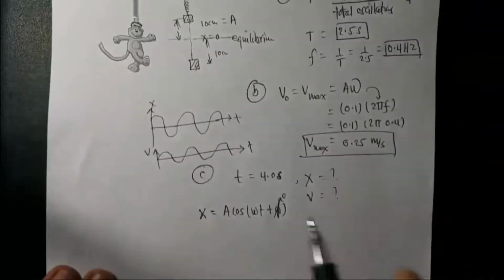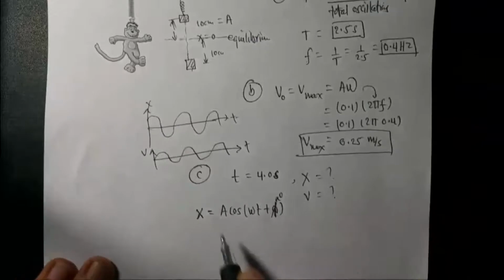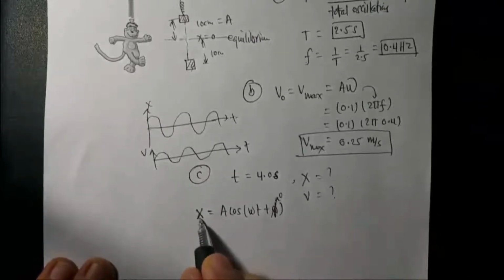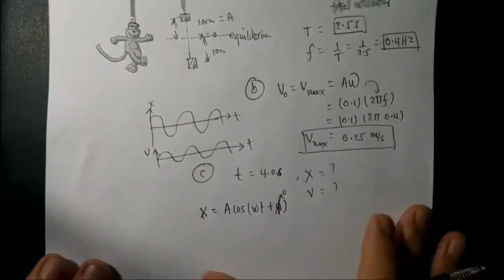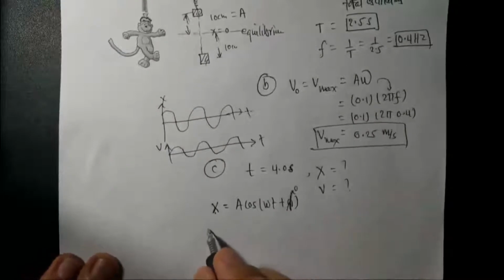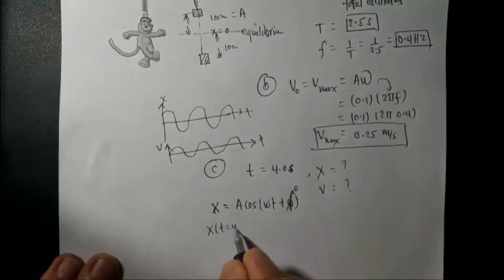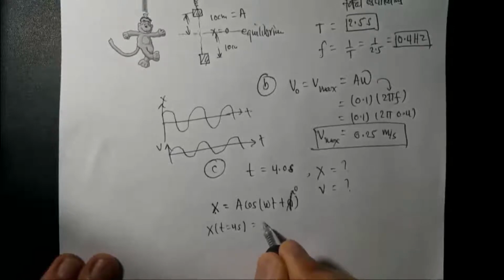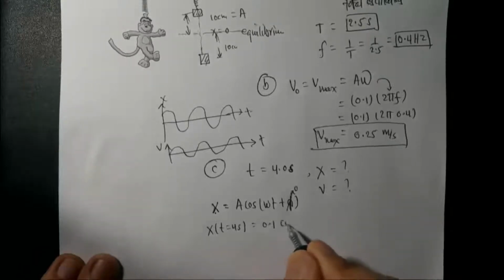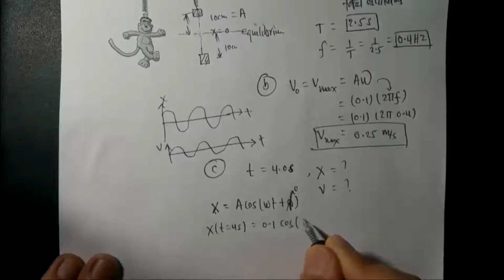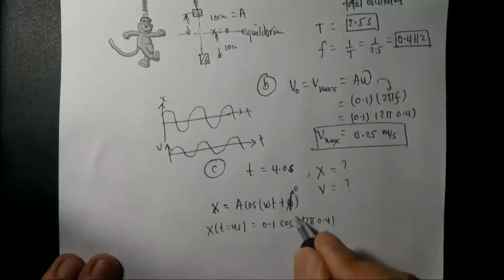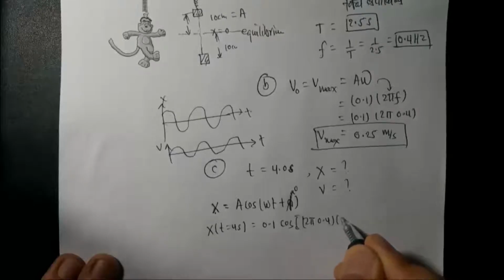If you calculate the initial phase by putting x as A, then phi will be 0. So x at t equals 4 seconds: amplitude we already know is 0.1 meter, times cos of 2 pi times 0.4 times the time, which is 4 seconds.